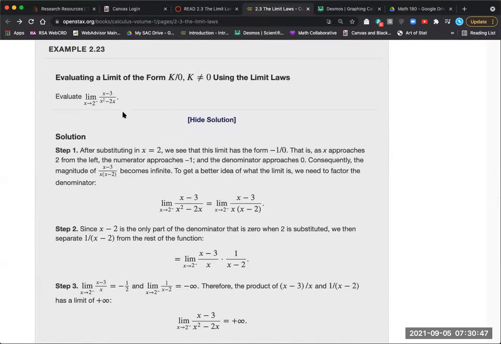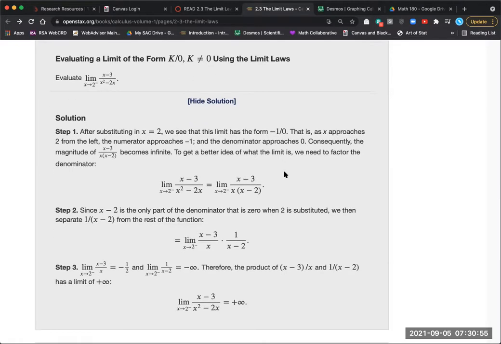I think there's other, again, forms that you want to be looking at. Again, anytime you have division by 0 and k is not equal to 0, right? We have some things we need to do. When you plug in 2, you get a... what is the behavior, right?